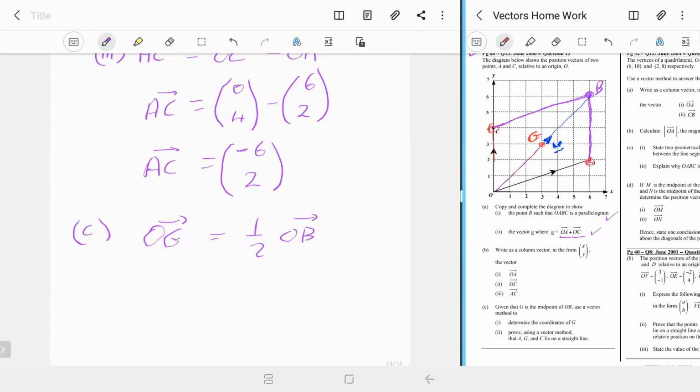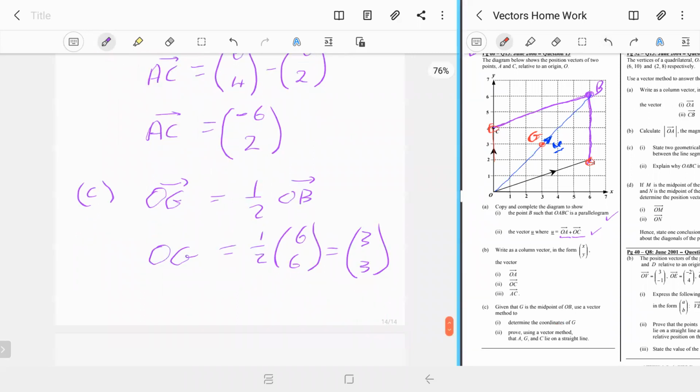OG is half of the full thing, so that becomes half of 6, 6, which is 3, 3. The question asks what coordinates, so I have to put coordinates. The position vector of G is 3, 3. Then the coordinates are written like this: G(3, 3).